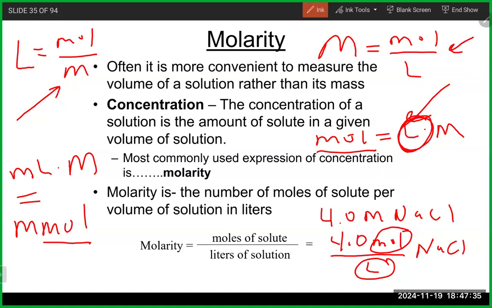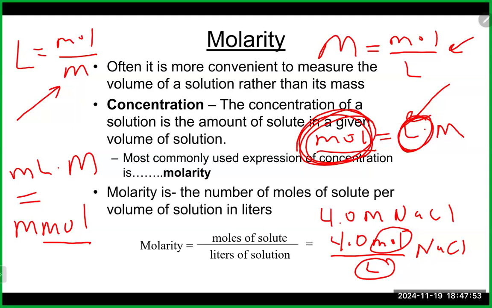So you could absolutely do milliliters times molarity, but you do not get moles, you get millimoles. I would say probably 9 times out of 10 or even more than that, you're looking for moles if you're doing that calculation. So just make sure that it is in liters when you use it with molarity so everything cancels out correctly.